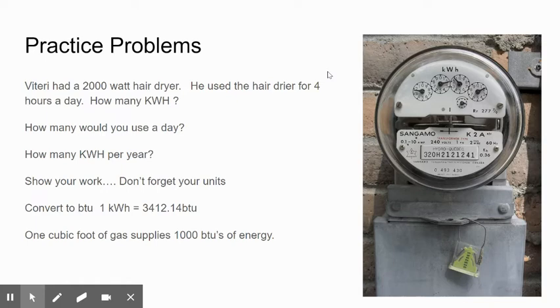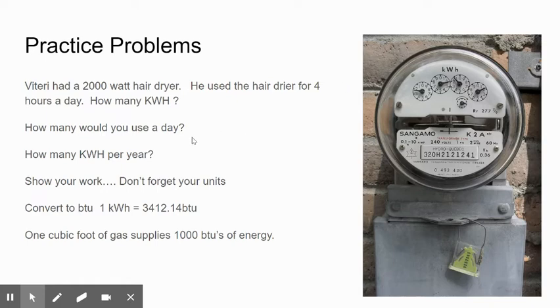Please understand that you need to do some conversions, and we'll probably have a page on math to do that. If you remember meters to kilometers, basically 1,000 watts is equivalent to a kilowatt. So we use a conversion factor.